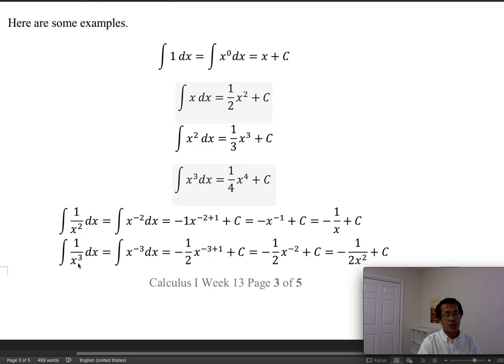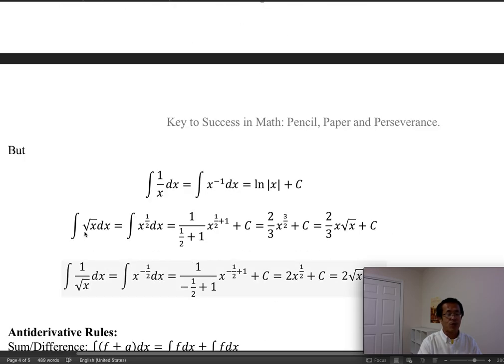Similarly, we consider 1 over x cubed in the same fashion. And we also mentioned how we handle the square root of x and then 1 over the square root of x. And don't forget this special case: 1 over x doesn't match the formula. It is not part of the anti-differentiation power rule, because the derivative of the logarithm is 1 over x.